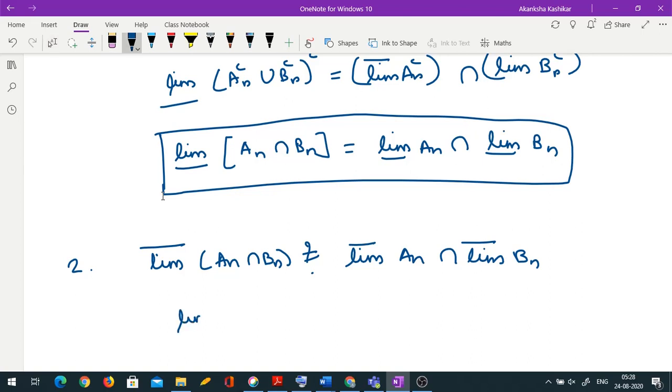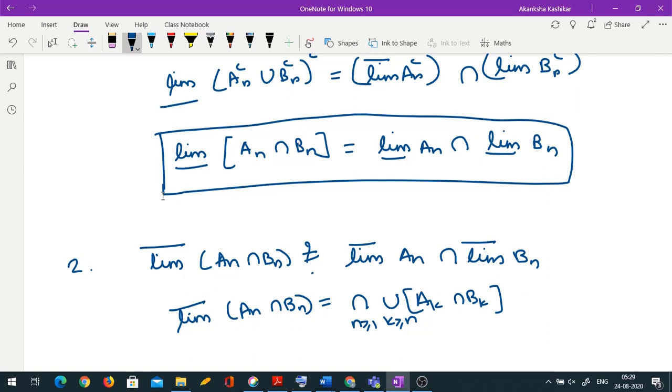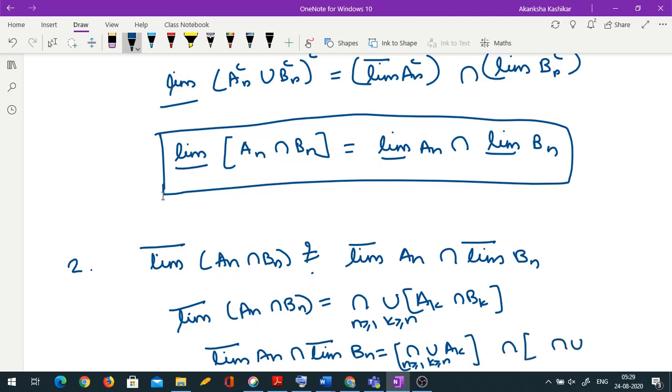So lim sup of An intersection Bn, that is the LHS, would look like intersection union AK intersection BK, K greater than or equal to N, N greater than or equal to 1, and lim sup of An intersection lim sup of Bn would be intersection union AK intersected with intersection union BK.